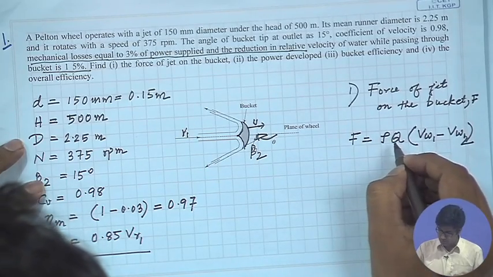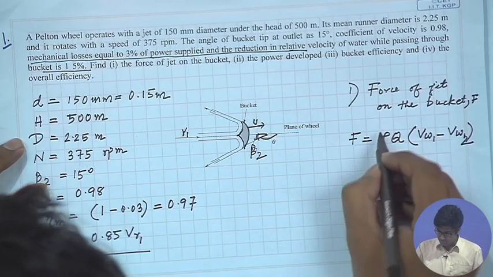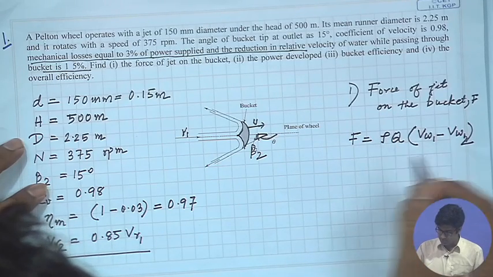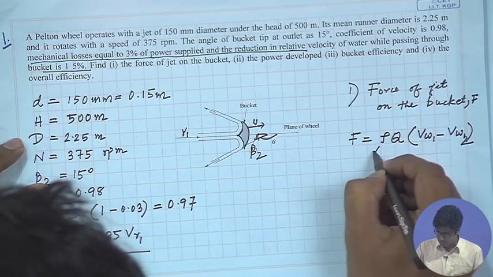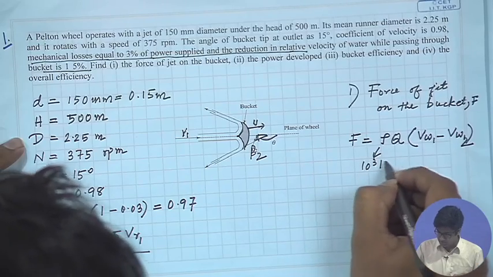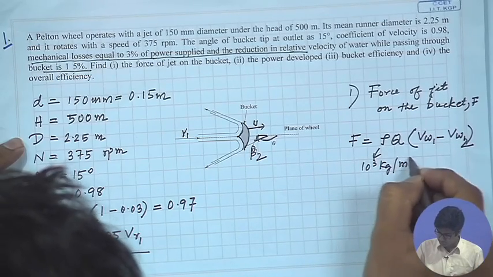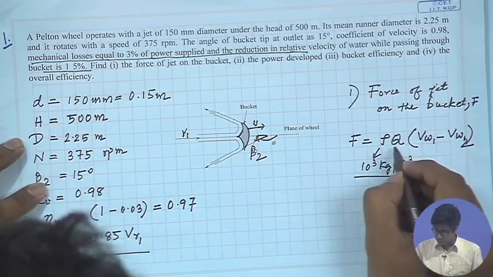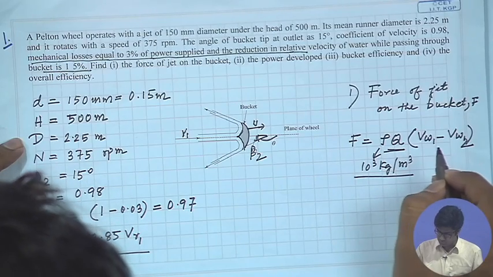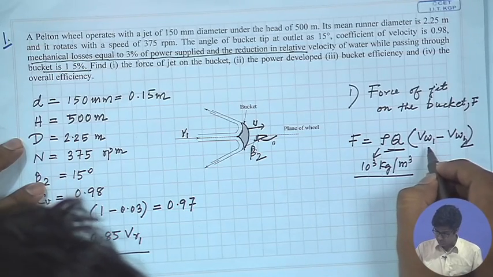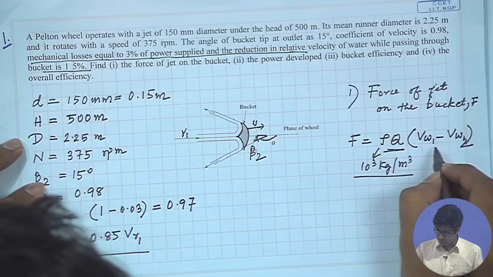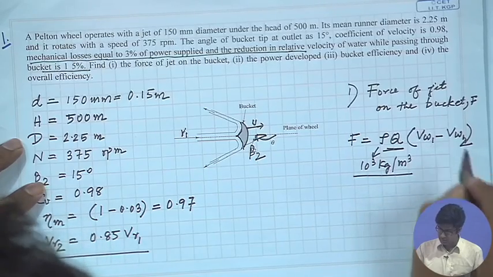Q is the flow rate of the jet. So we know already the rho, which is the density of water, and that is 1000 kg per meter cube. So we have to find out the flow rate of the water at the inlet and also the tangential velocity components at the inlet and the outlet.